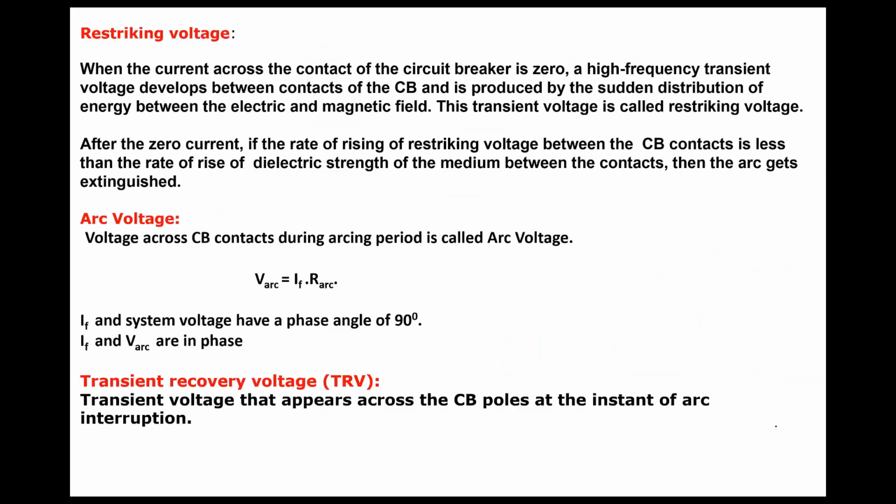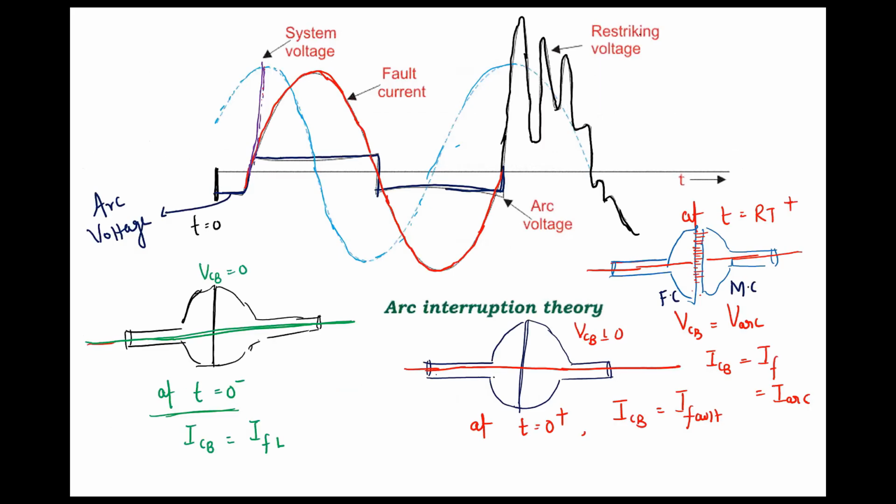So what is the restriking voltage? The restriking voltage here is shown by this black line. It is the voltage across the circuit breaker poles when the fault current or arc current becomes 0. The transient voltage that appears across the circuit breaker poles when the arc current or the fault current momentarily becomes 0 at natural current zero is called restriking voltage.